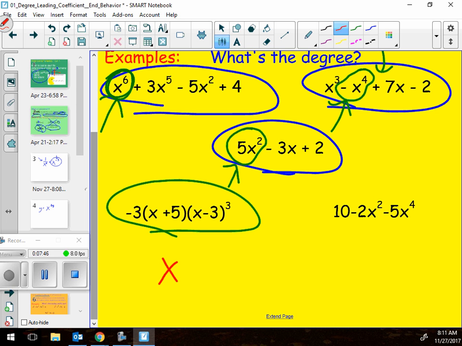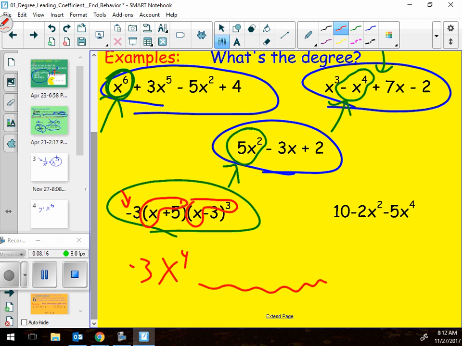If I multiplied this all the way out, this part would have an x to the third. This part would add another x to that, which would make x to the fourth. There's a power of 1 right there. And then this negative 3 would go on it. The lead dog, the lead term, would be negative 3 x to the fourth. And then there'd be a whole bunch of no-name terms that really don't matter that much because they're not the lead dog.